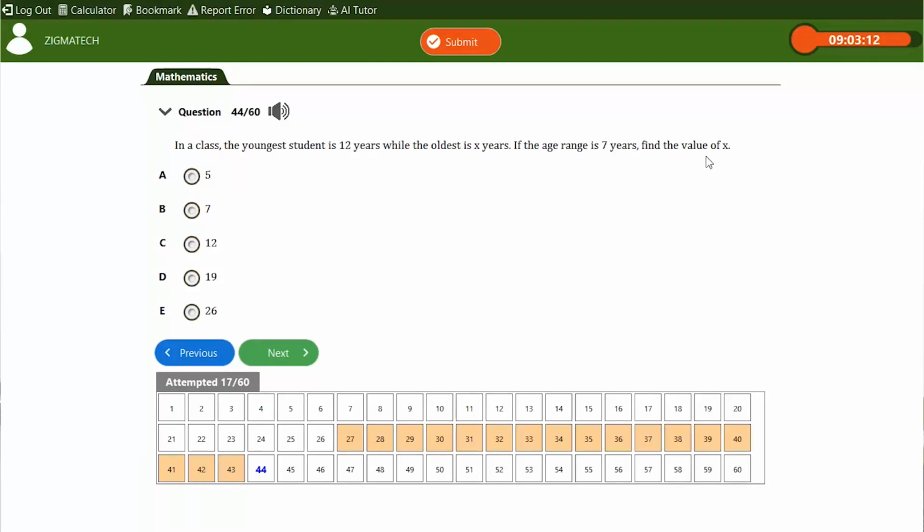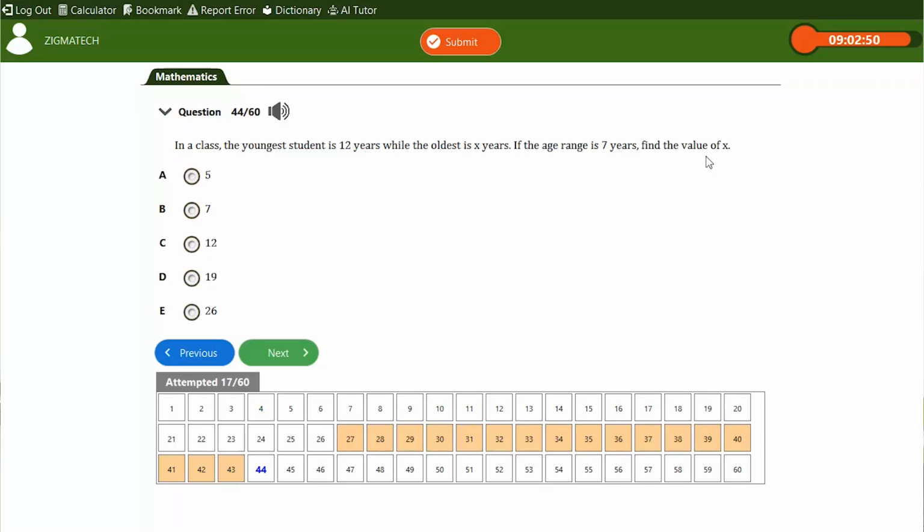Range is the biggest number minus the smaller number. That is how to find the range in a data set. Now they have given us a range of that class to be 7, so it's just to find the value of the oldest age, the highest number.